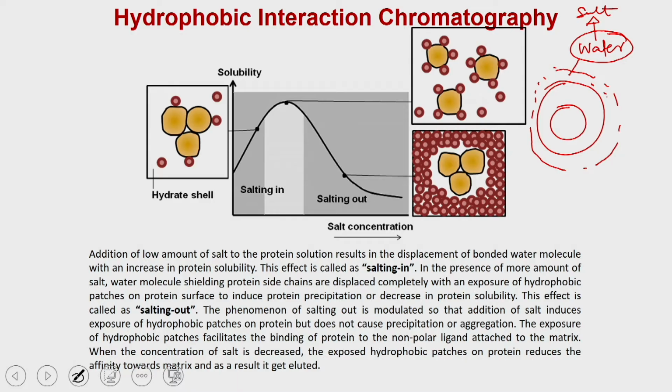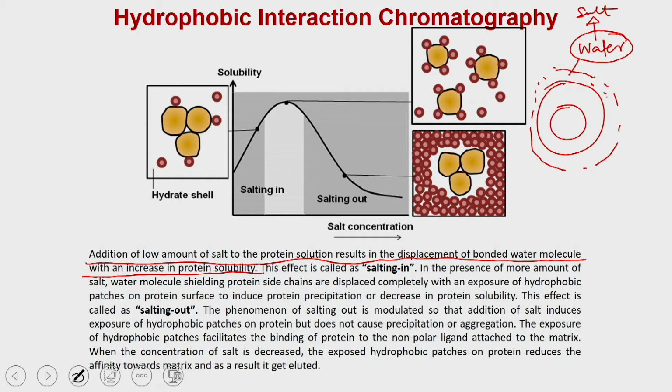So, if you want to remove this hydration shell, you can add a small amount of salt. When you add a very small amount of salt to the protein solution, it displaces the bound water molecules that are part of the hydration shell, and that increases the solubility.